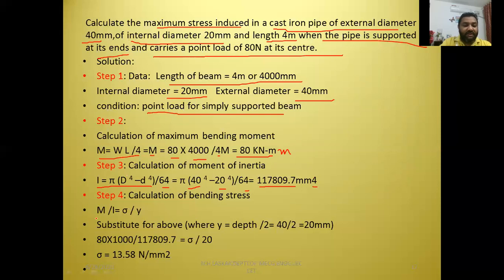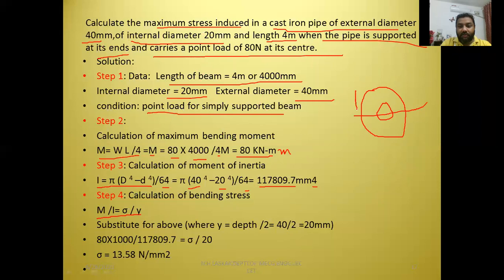Now the formula for bending stress is M by I is equal to sigma by Y. So substitute the values. What is Y? There is a hollow circular section, so always take the external radius. Suppose this is a hollow section, and the neutral axis is this.